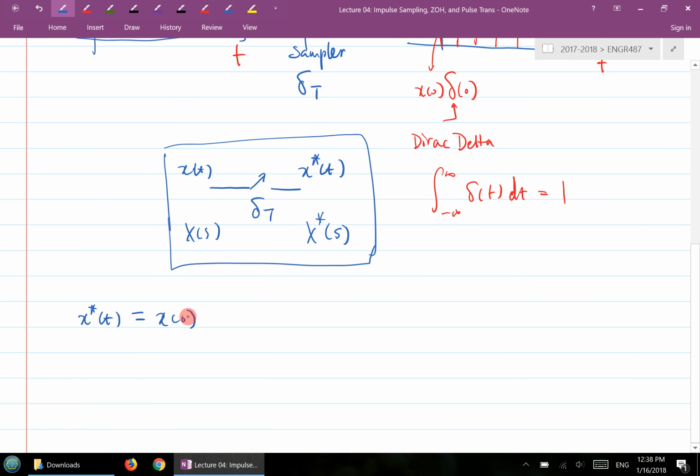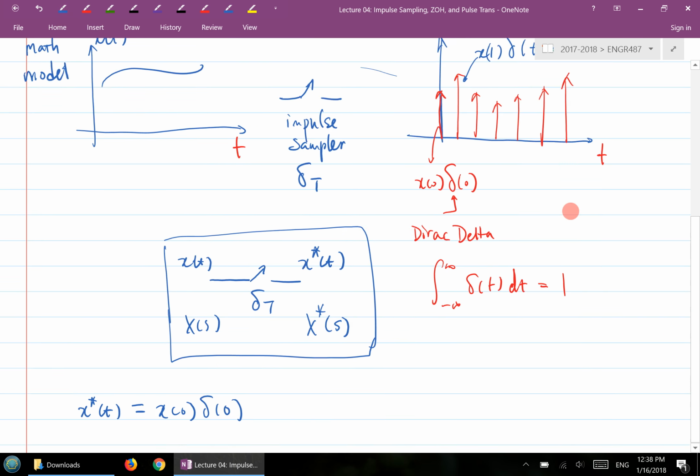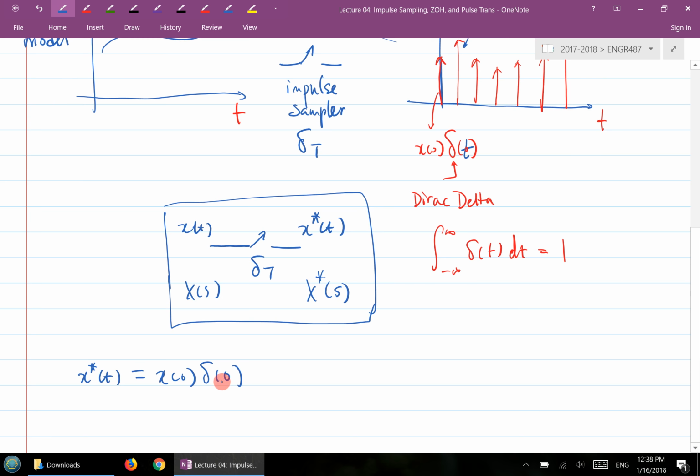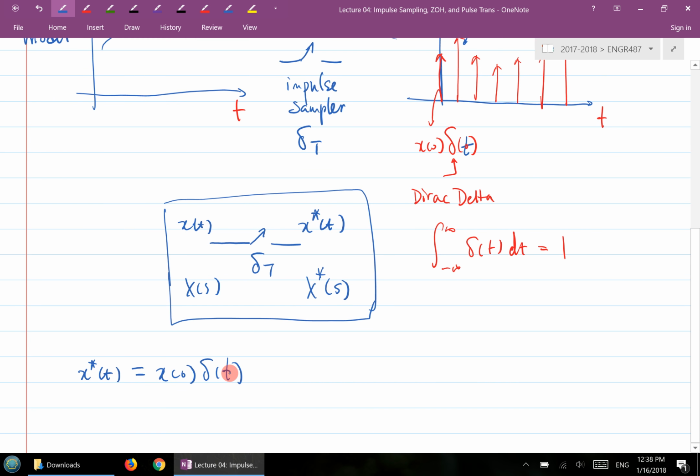The first one is x naught times delta t. Delta t, when t equals 0, exists only at this point, so that's okay. The second one is x1 times delta t minus capital T, shifted to the right by one sampling time, and then you keep writing a few more.